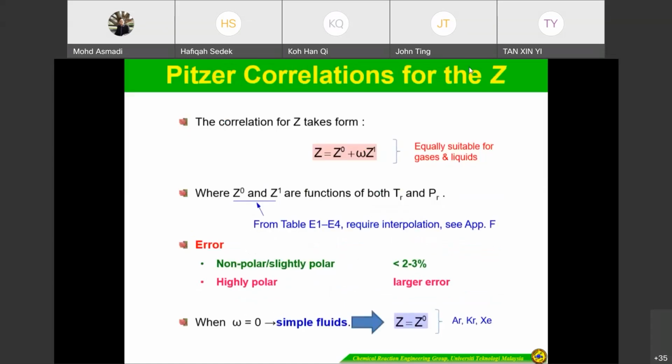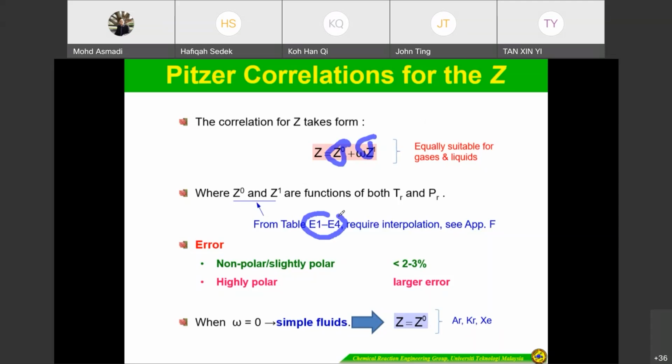Okay, so this is the correlation for the compressibility factor. We call it the Pitzer correlation. Z equal to Z naught plus omega Z prime. You can get Z naught and also Z prime from the main textbook, just please refer to tables E1 to E4. I'm not sure about the new books. I don't have that book, I think it's still in my office.